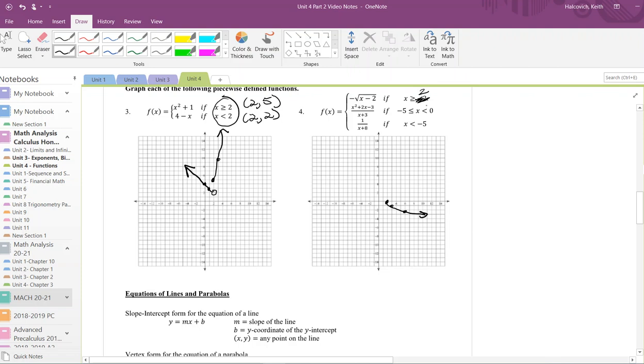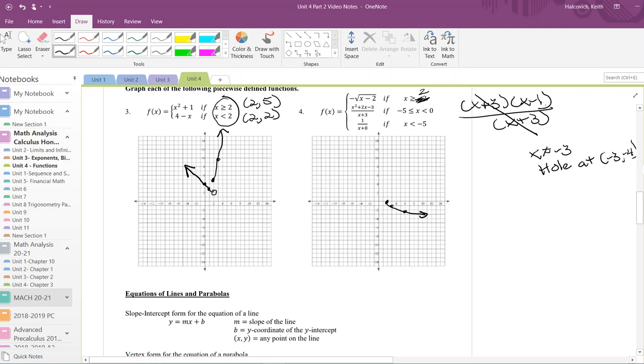Now between 0 and 5, first of all, if you factor x squared plus 2x minus 3, you get x plus 3 and x minus 1 over x plus 3. Notice it simplifies, but that still means that x cannot equal negative 3. In fact, when you simplify, that means you have a hole at negative 3, negative 4. That's the point which it can't equal in the simplified version.